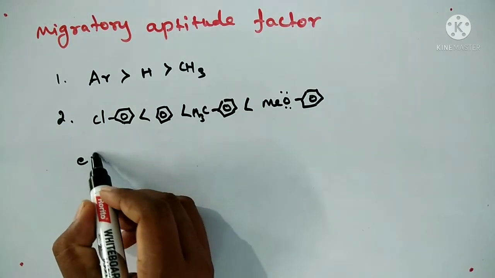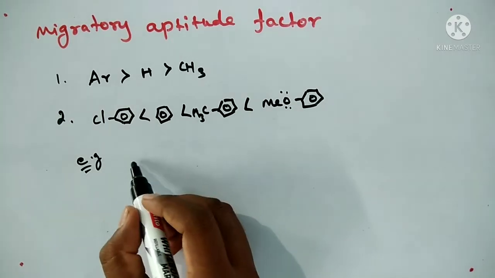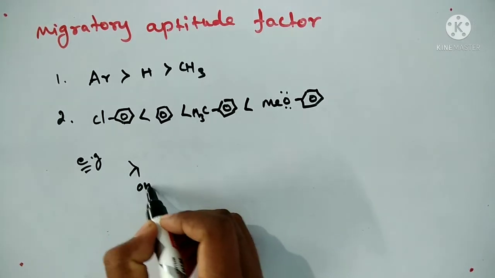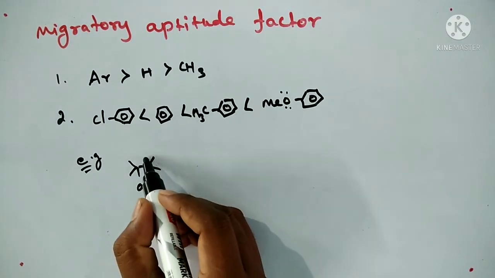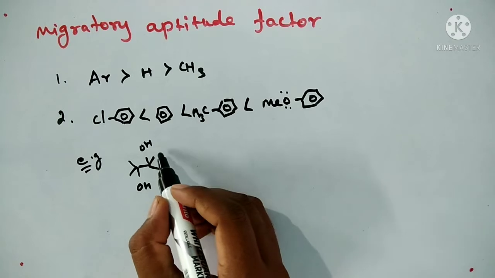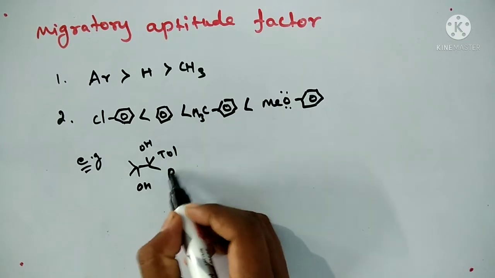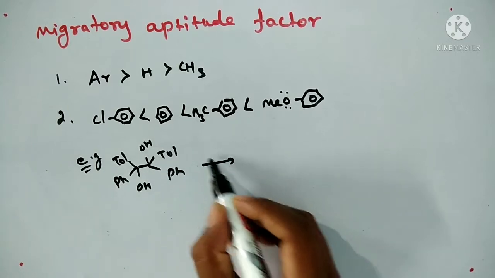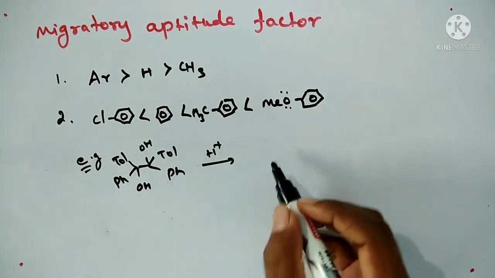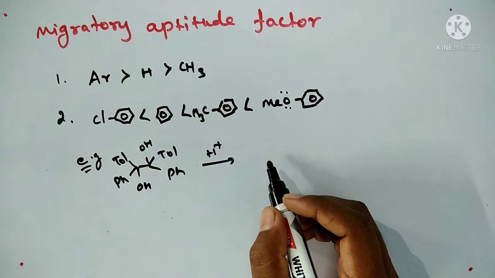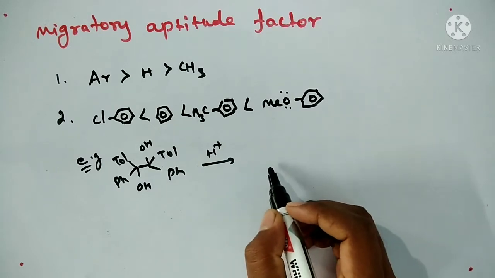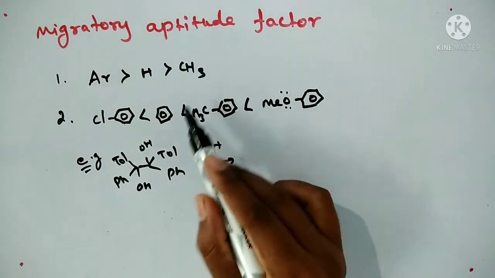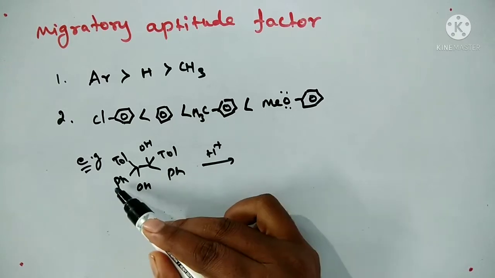For example, if you take this diol, tolyl, phenyl, phenyl, tolyl, in the presence of acid, the tolyl is more migratory than the phenyl.